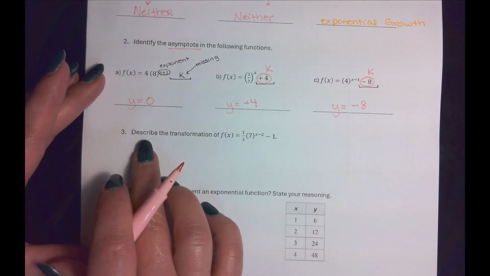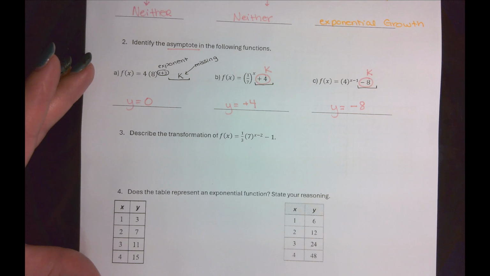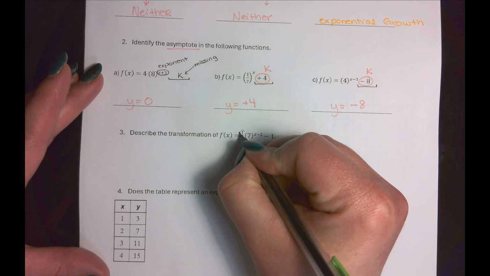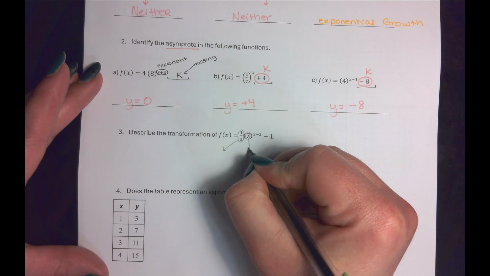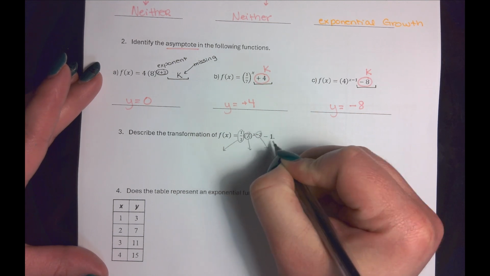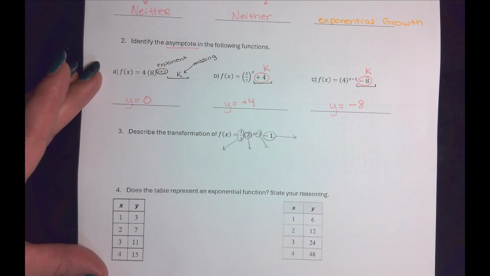When it's asking you to describe the transformation of f of x, that means describing in English. So we're going to have some sort of numbers in a particular position, and each one of them needs to be described in an English way.